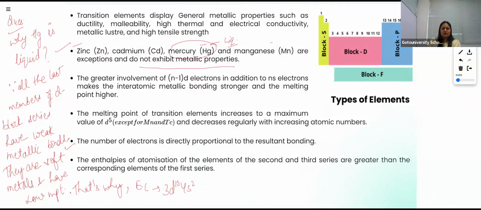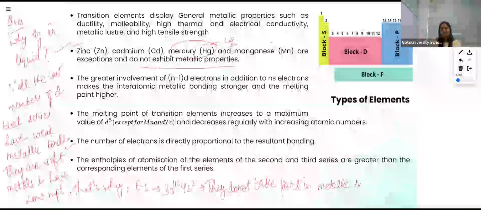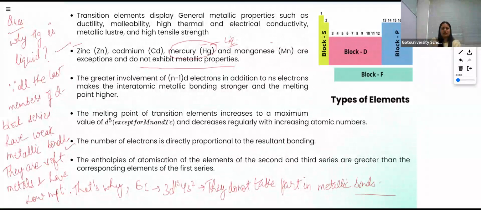So with this configuration, they do not take part in metallic bonding. Which is why they are termed as soft metals, and mercury has a liquid state.